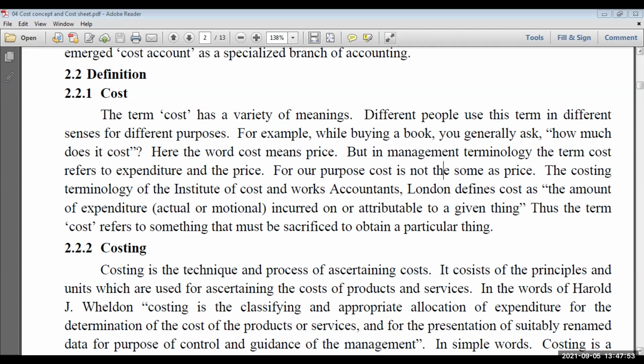Suppose any indirect cost, it can be indirect material or indirect labor or indirect expenses, that is related to the production process, manufacturing process, or the factory or the plant will be called factory overheads. Any indirect cost that is incurred in the administration process will be called office overheads or admin overheads.